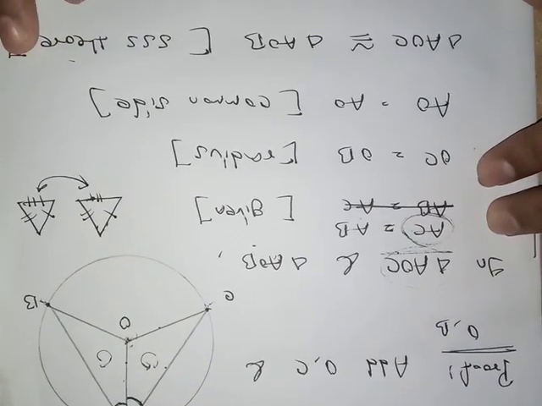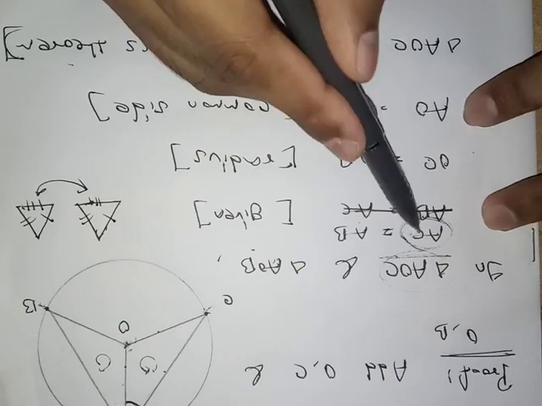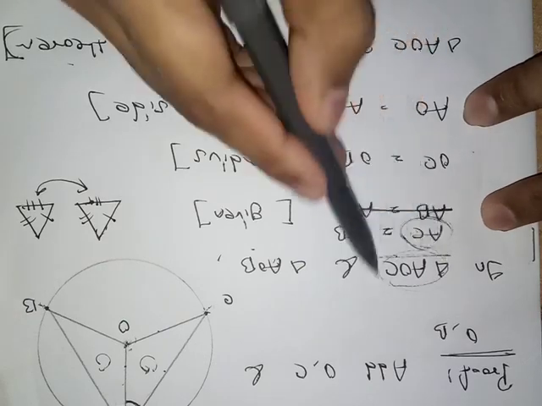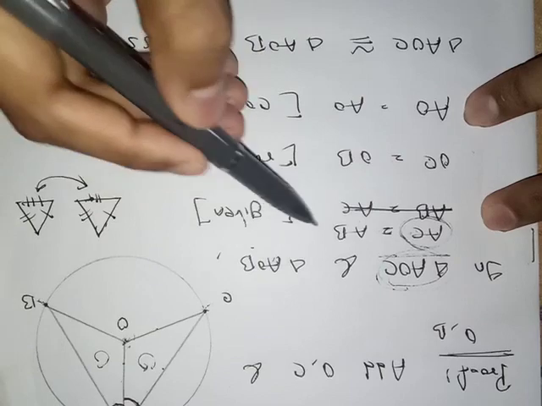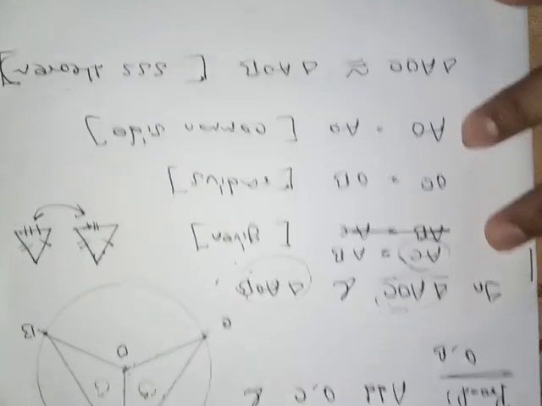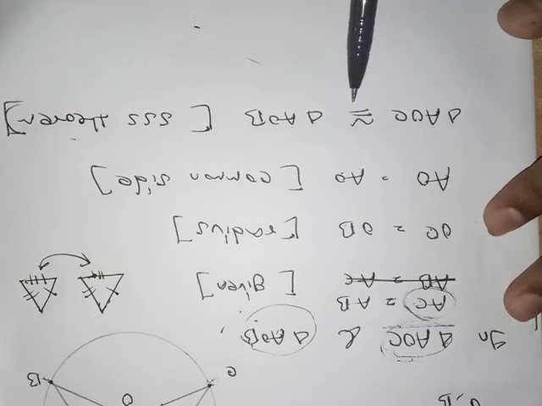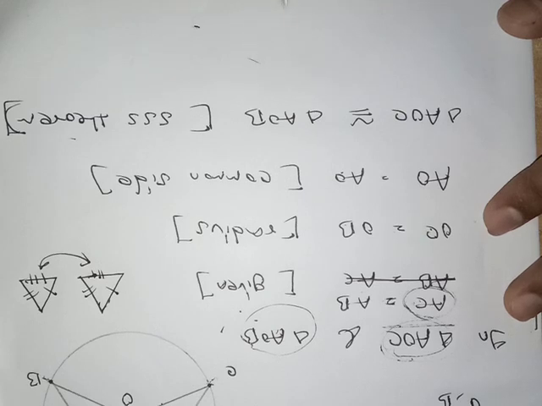So we have already proved that three sides of the triangle AOC are equal to the three sides of the triangle AOB. So you can easily say, according to the SSS theorem, triangle AOC is congruent to triangle AOB.